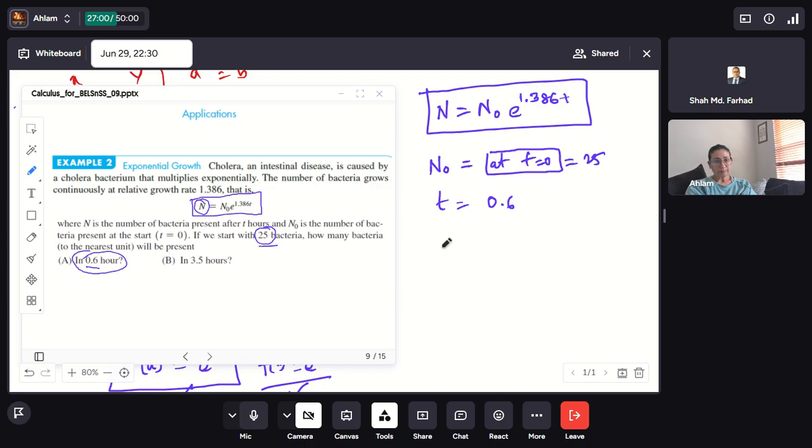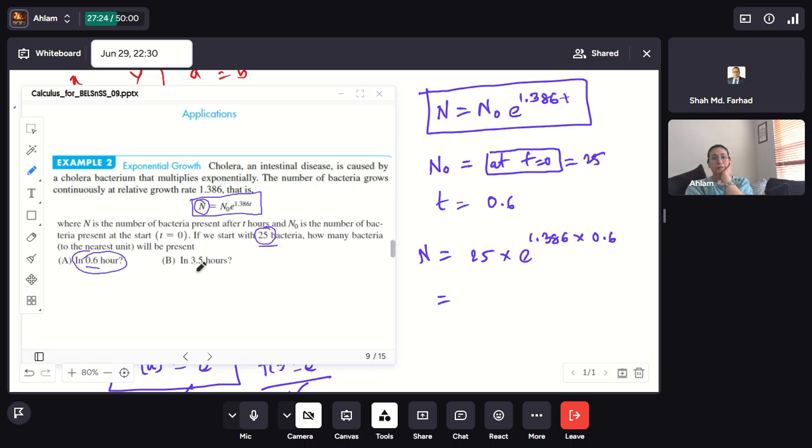So what will be the number of bacteria? Here n equals 25 times e power 1.386 times 0.6. If we calculate this, we'll get the number of bacteria.